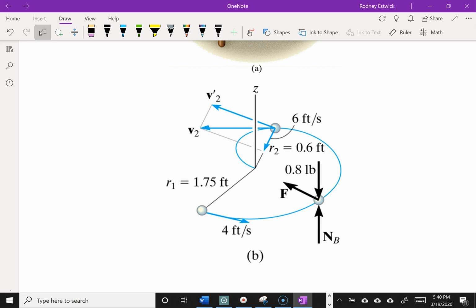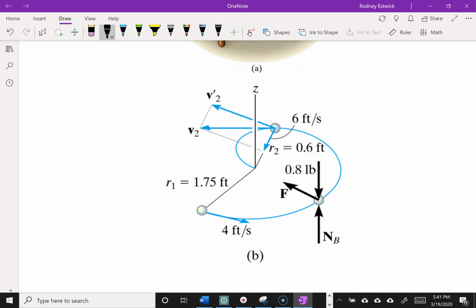And so as you come around, the only forces are the normal and the weight forces that offset each other. So these two just keep the ball from going up and down, stays on the surface of the table. And then the force is from the cord pulling towards the hole, towards the center of the table.